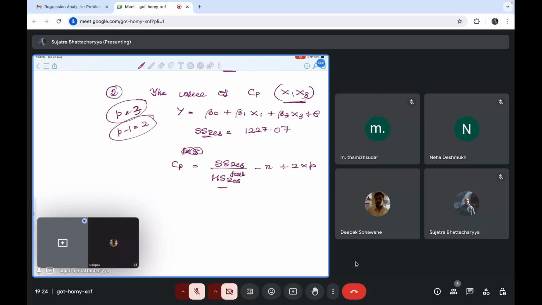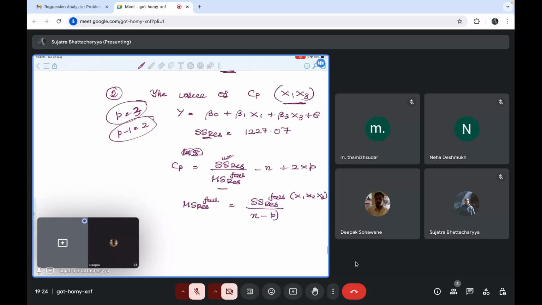So now, this SS residual we already know. What about MS residual for the full model? So full model MS residual will be SS residual for the full model, where full model means x1, x2, x3 all are present, divided by n minus p, whatever is present.